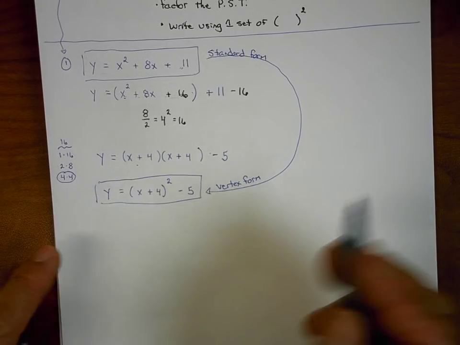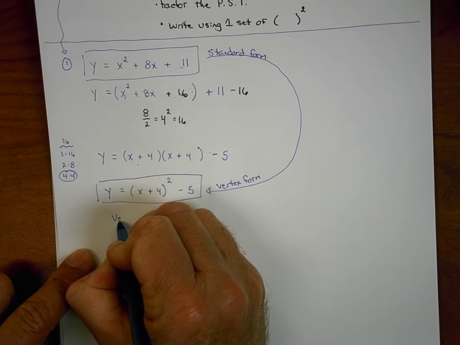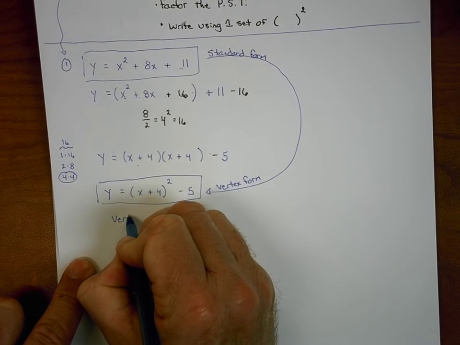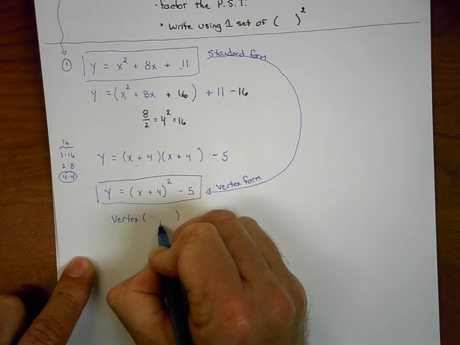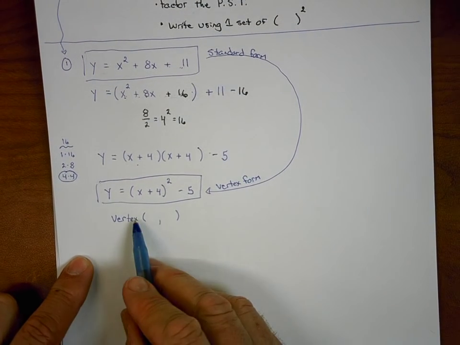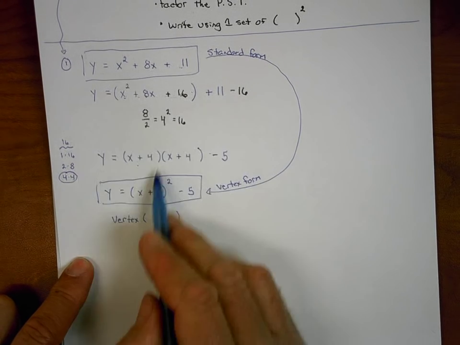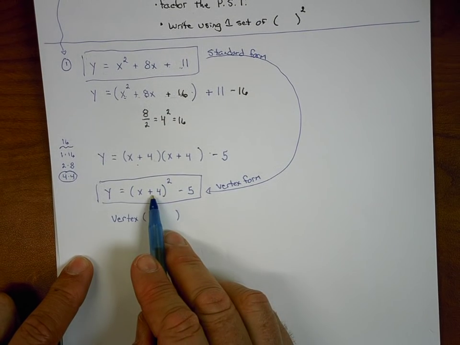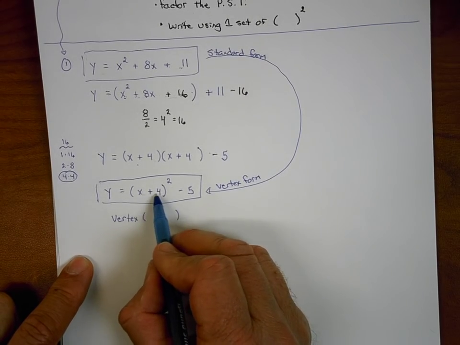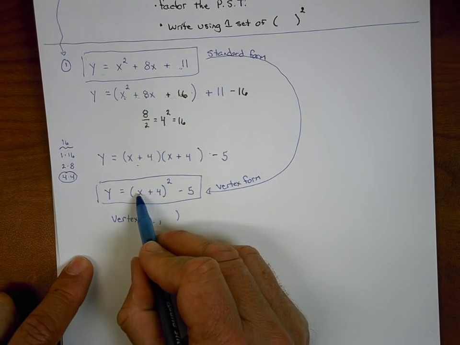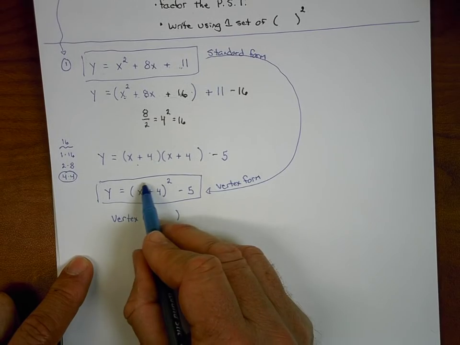Now, what does that tell me? Since this equation is in vertex form, if you recall, you should now be able to tell me the exact coordinates of the vertex of either one of these equations. How do I get it? Remember, the x value of your vertex is always the opposite of the number inside the parentheses.